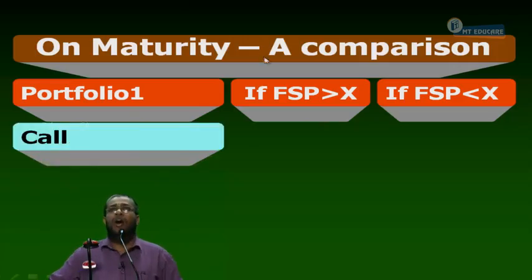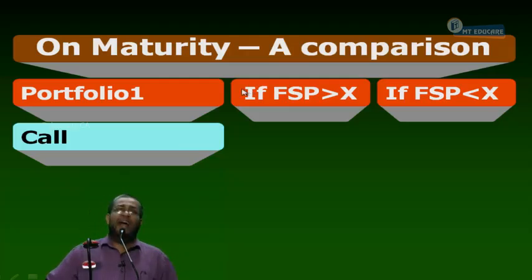On the maturity date, will you exercise the call or let it lapse? First case, FSP more than X. Exercise or lapse? Exercise. Why exercise? I have a right to buy at a lower strike price a share worth a higher FSP. When I exercise, I will pay X and I will receive FSP.